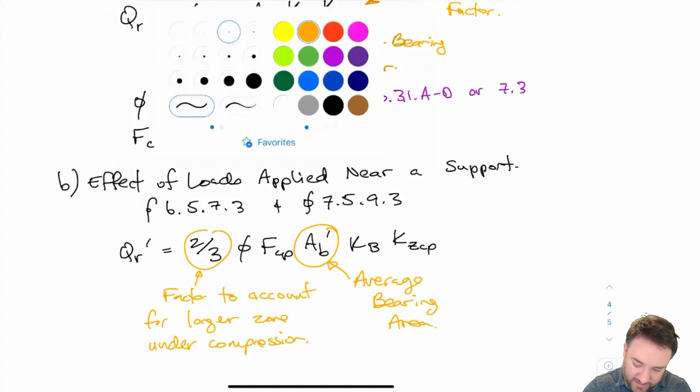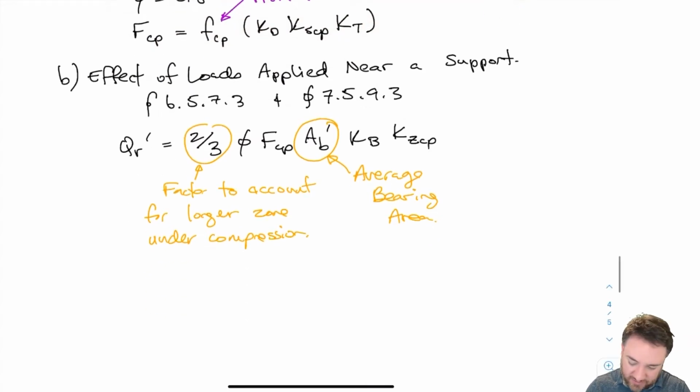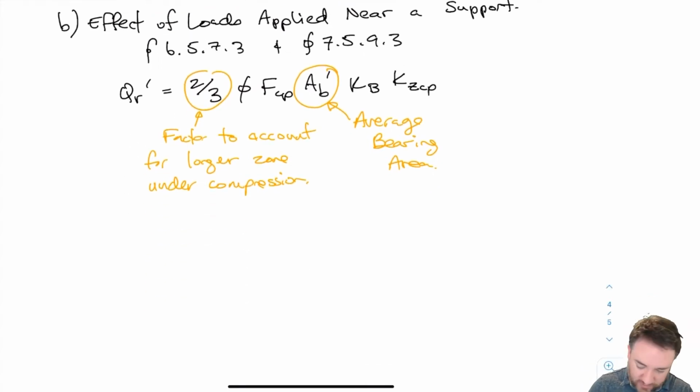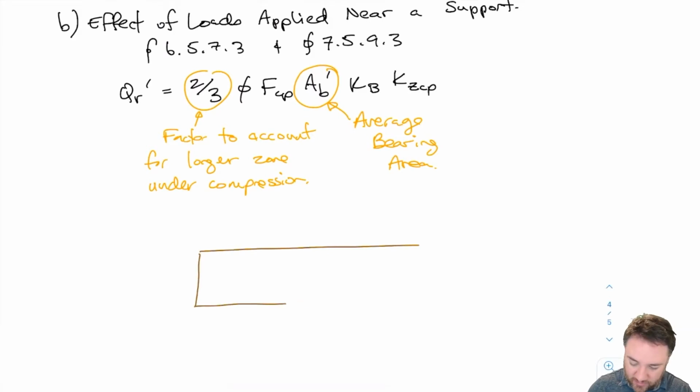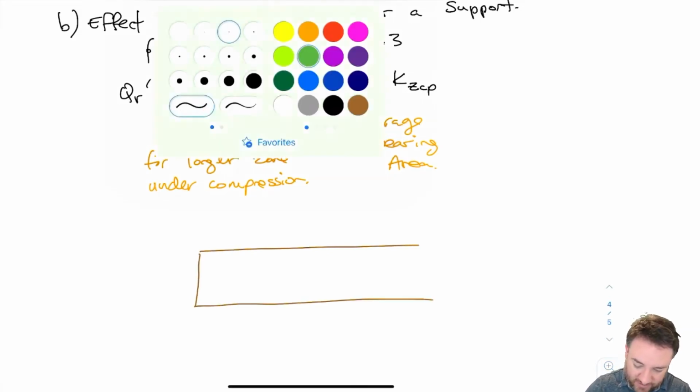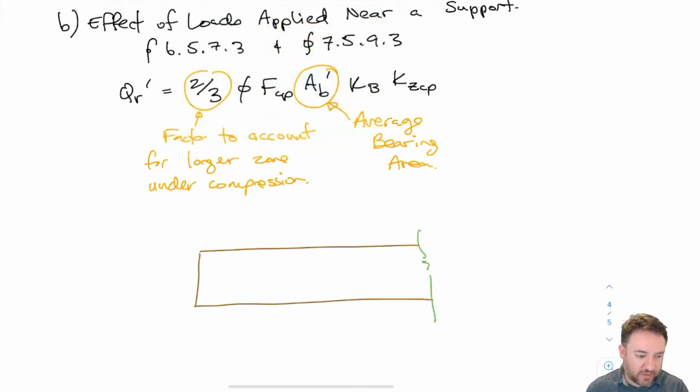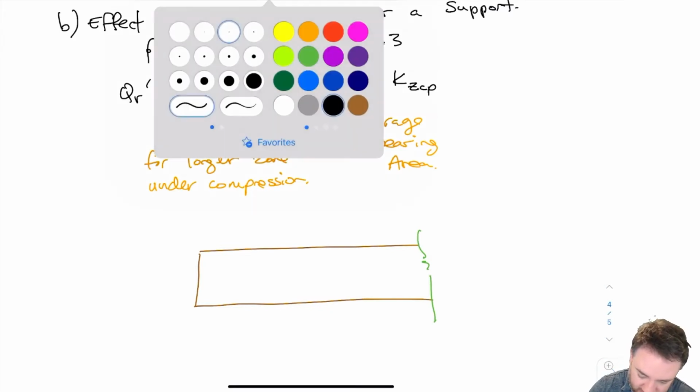Okay, and this applies in specific circumstances. So, we've talked about how we need to have this effective loads applied near a support because of when we're going straight through from one to the other. But how do I decide how close those two loads have to be lined up? Well, there's a very simple definition in the standard.